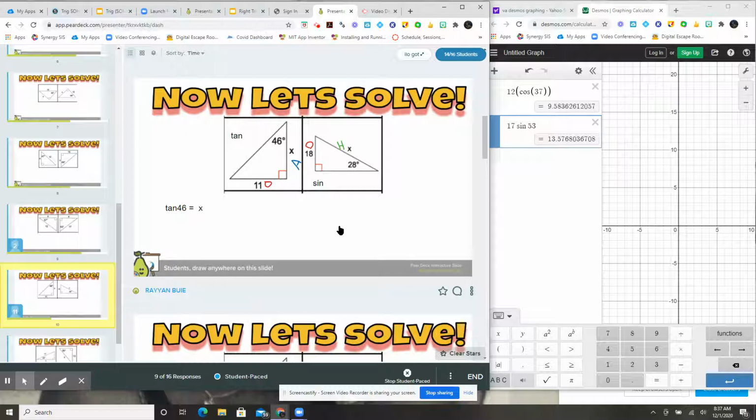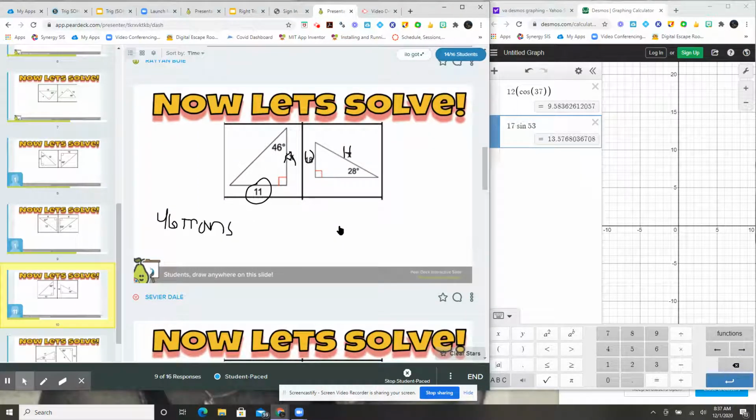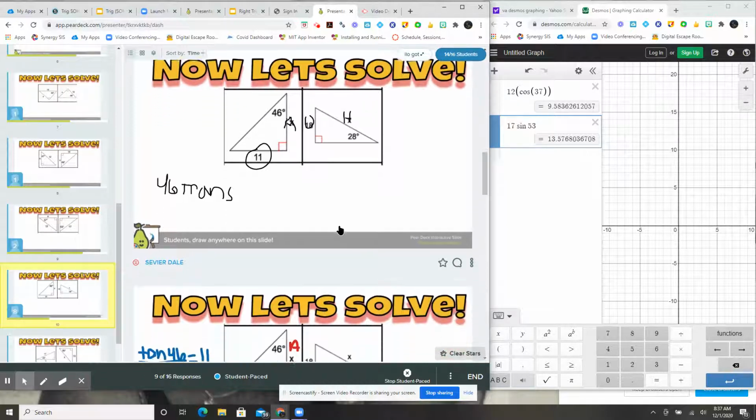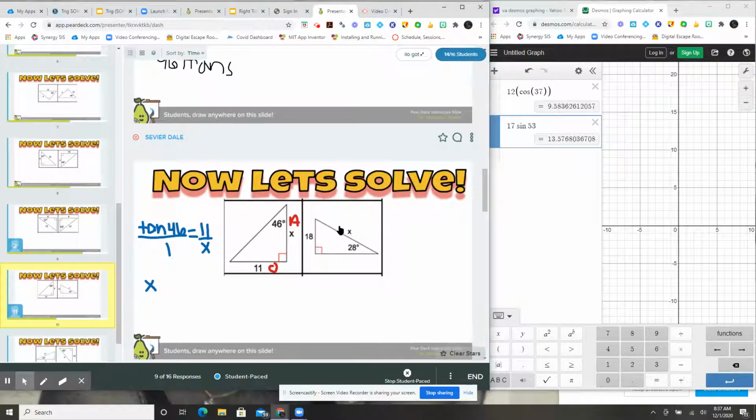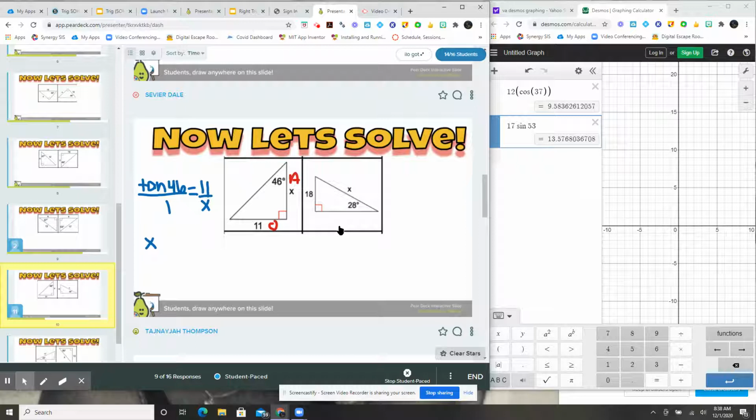Now you're going to do O over A instead of A over O. TOA: tangent, opposite, adjacent. It is going to be 11 divided by tangent of 46. That's exactly it.